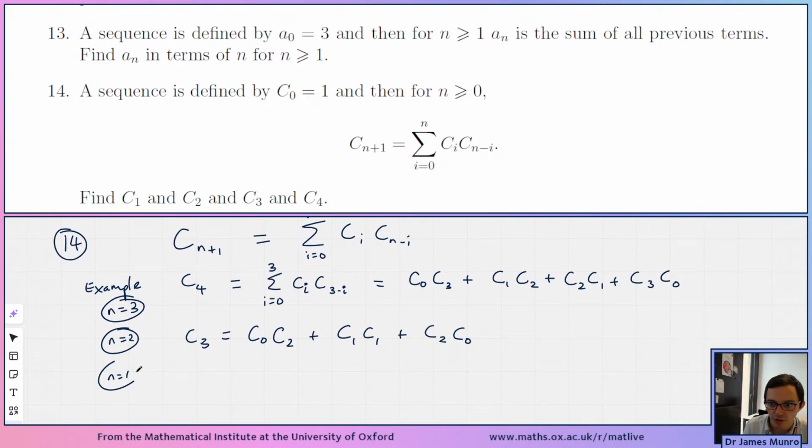N equals 1 says that C2 is C0, C1 plus C1, C0, which is kind of nice. And then the only case left is N equals 0 to think about, which tells me that C1 is, and now this is a little bit controversial, isn't it? Because the stop condition is hit straight away.